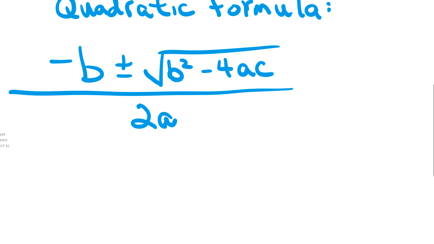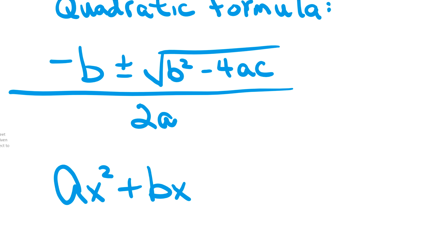Remember, it comes from the standard form of the quadratic expression, ax squared plus bx plus c equals 0. So here's where our ABCs come from, and that's where the numbers representing the letters will be placed.